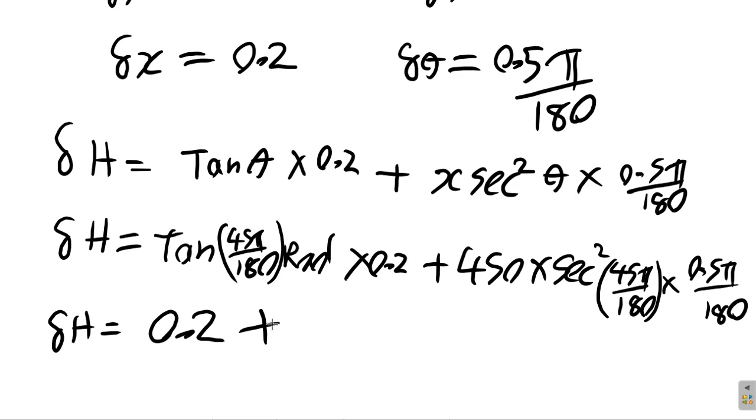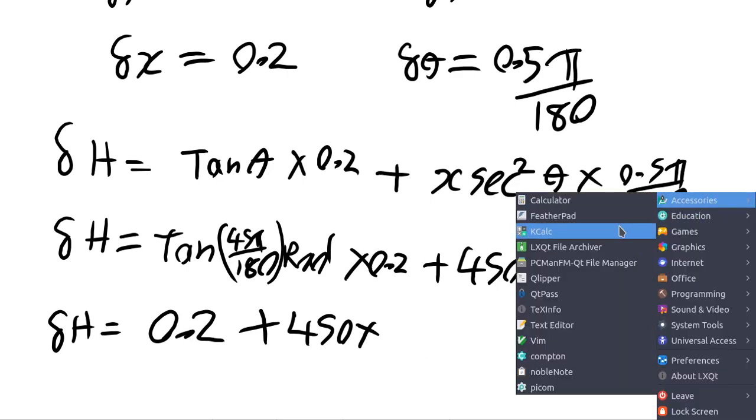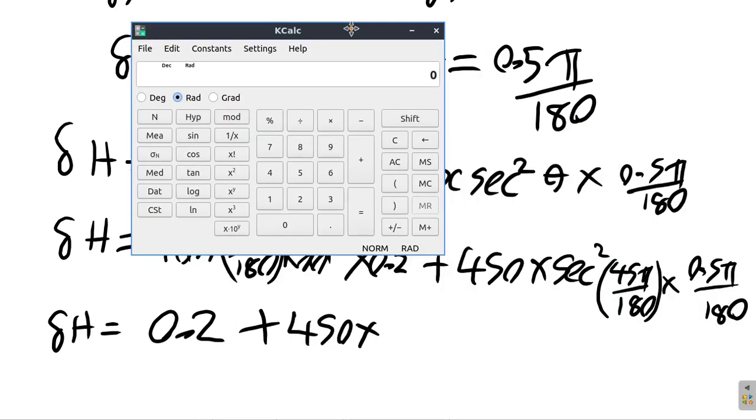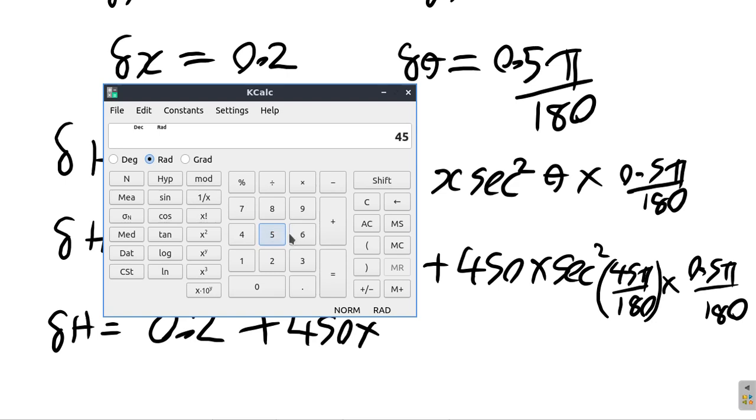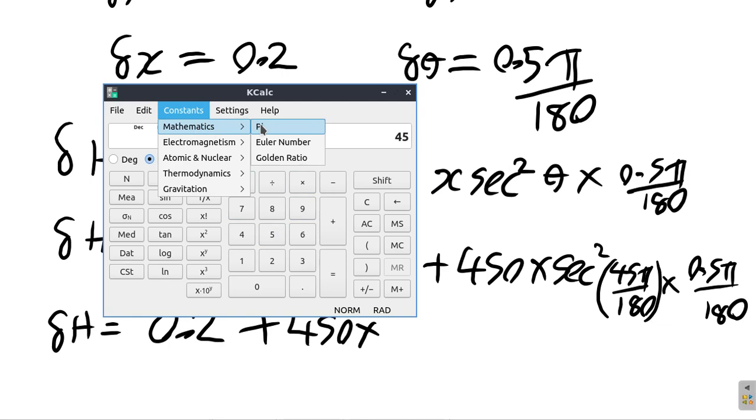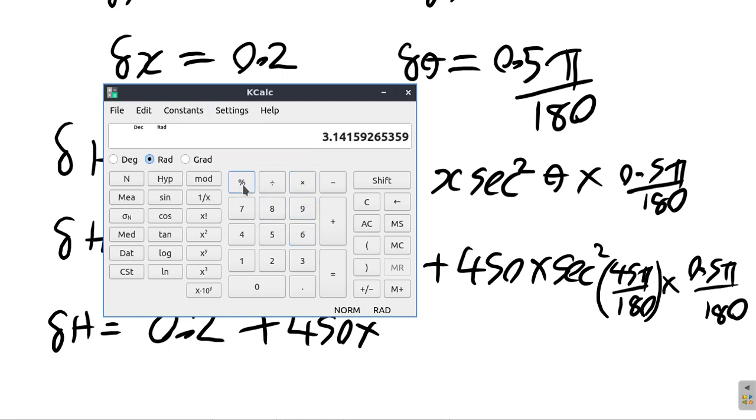Now the next thing will be 450 times, we're going to need to find sec square of this. So we have 45 multiplied by pi over 180 equals. We're going to find the sec square of this. Now sec is 1 over cos, and then square it.